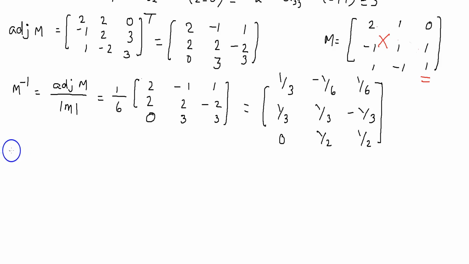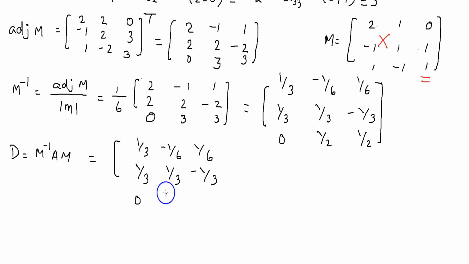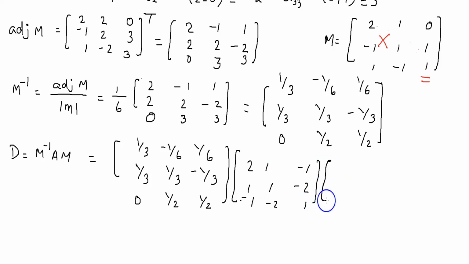Now to diagonalize the matrix by using similarity transformation, use the formula D is equal to M inverse AM, where M inverse is the inverse of modal matrix and A is the given matrix, M is the modal matrix.